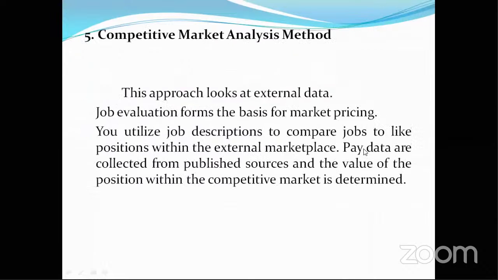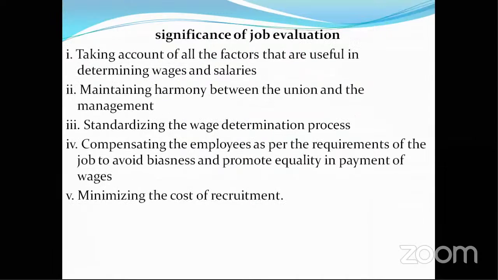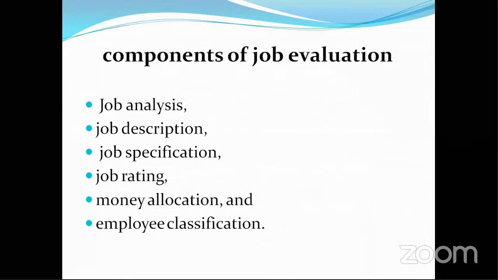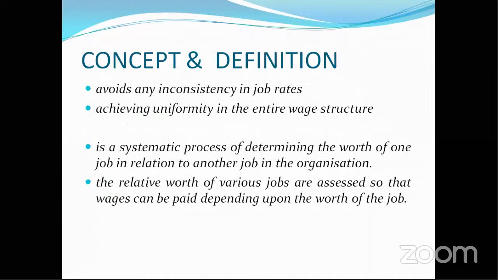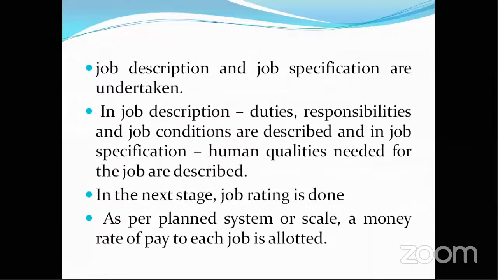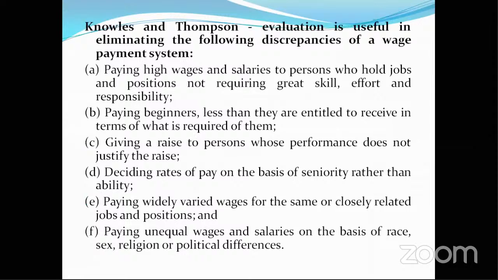Job evaluation is a systematic analysis of a particular job in order to determine the wage structure, the amount to be paid to employees. It is a systematic process of determining the worth of one job in relation to another job in the organization. This we have learned. Various definitions we have seen. The components of job evaluation according to Novel and Thompson we have seen.